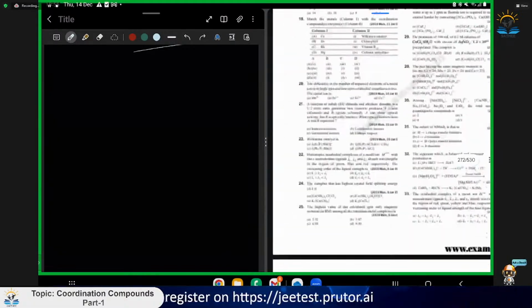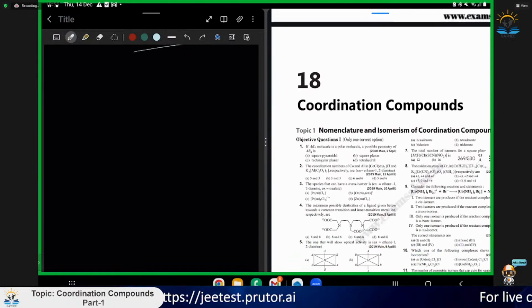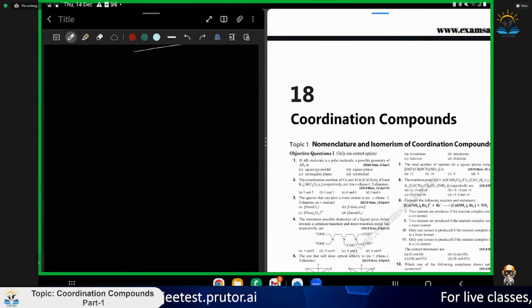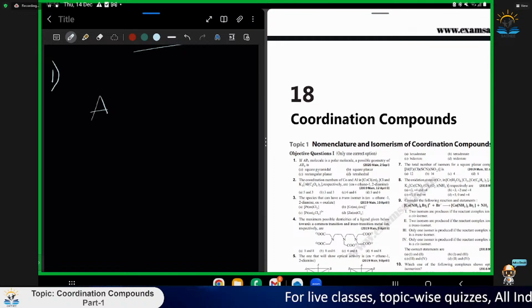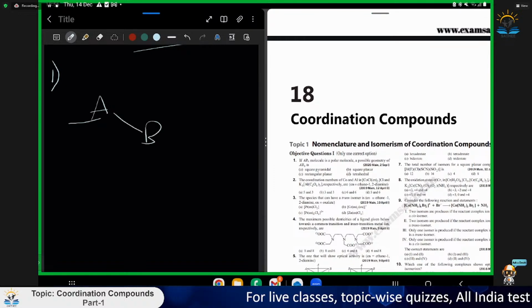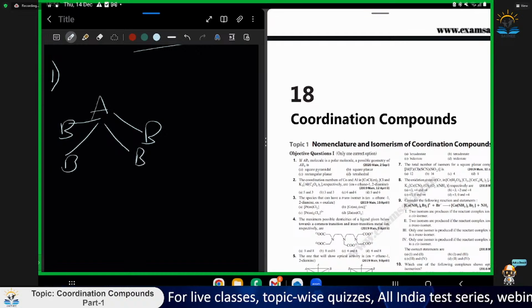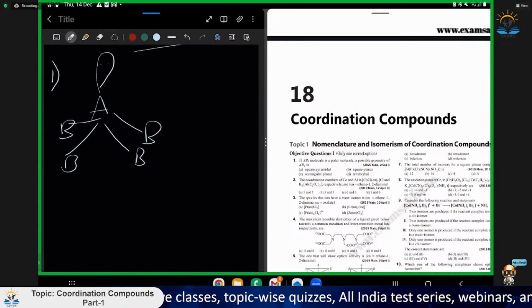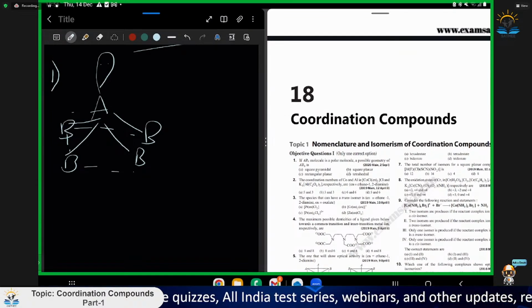It's structures like square pyramidal, like this. I know there's a lone pair. It doesn't come under structure, but I'm drawing it for clarity's sake.